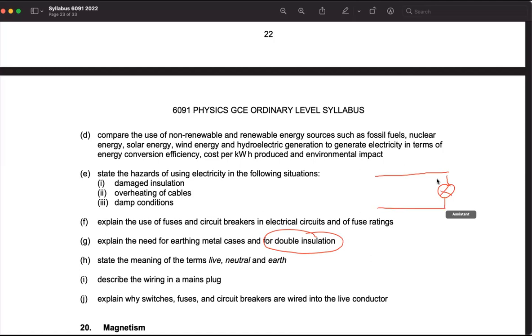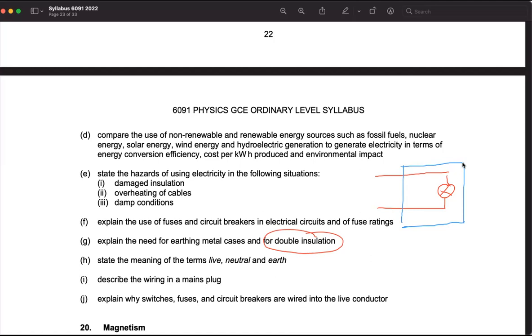And then this circuit is housed by a metal box. The blue color is the metal box. If everything is insulated properly, you touch the metal box, nothing will happen. Is that clear?